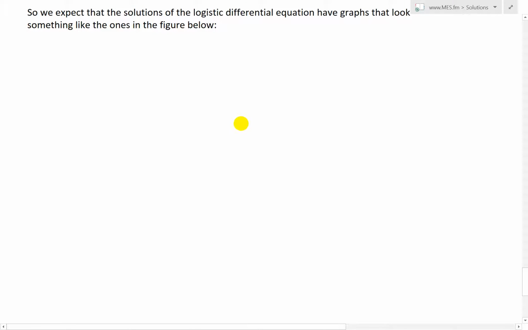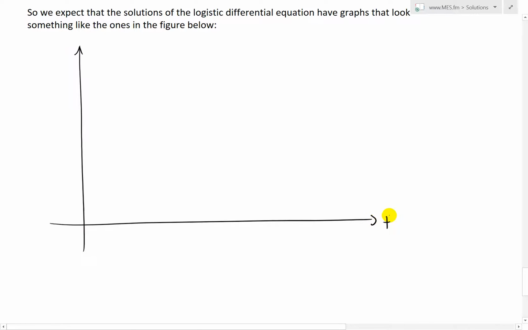So we would expect that the solutions of the logistic differential equation have graphs that look like the ones in the figure below. And I'll draw these out like this. Let's say this is t and that's P. First I'll draw the equilibrium solutions. This one is already at 0, so P equals 0. That's this right here. And now, let's include the negative t values to be more general.